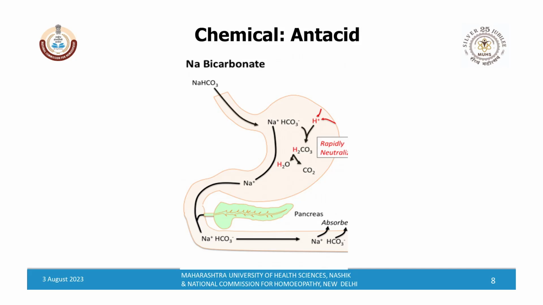When taken, in the stomach it reacts with the acid and neutralizes it by producing water and carbon dioxide. Thus, it results in reduction of acidity. It neutralizes the acid in the stomach. So in this case, the drug has acted chemically in the body.